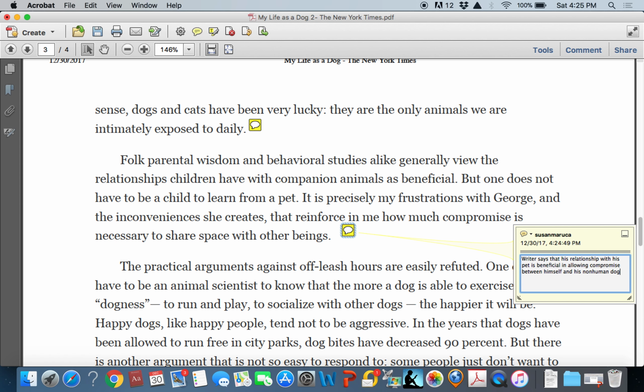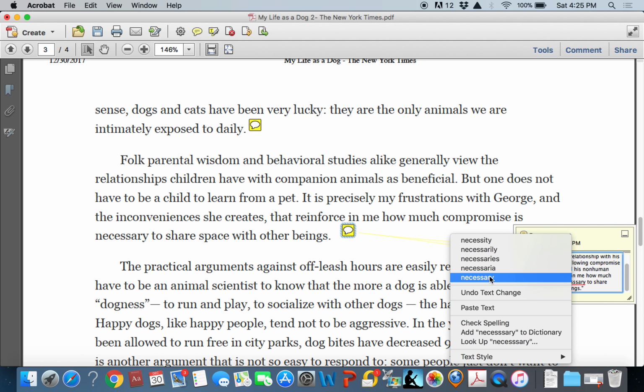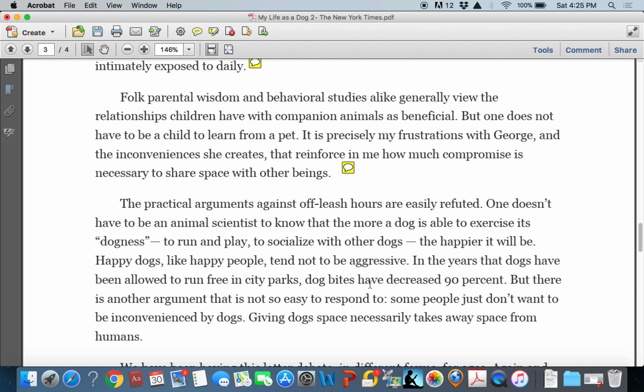And I think this idea of compromise is important, that reinforce in me how much compromise is necessary to share space with other beings. Okay, so as we move on, that idea of compromise may or may not be important, but it strikes me as an important term.